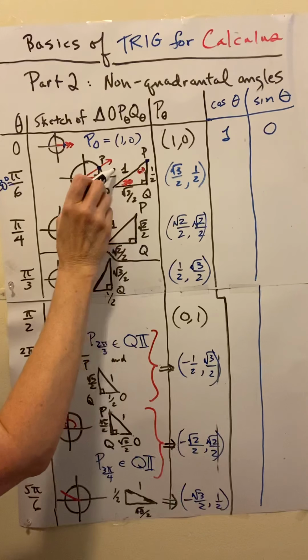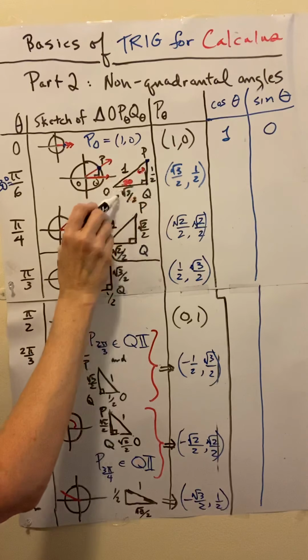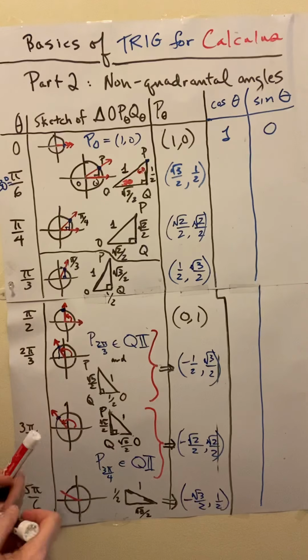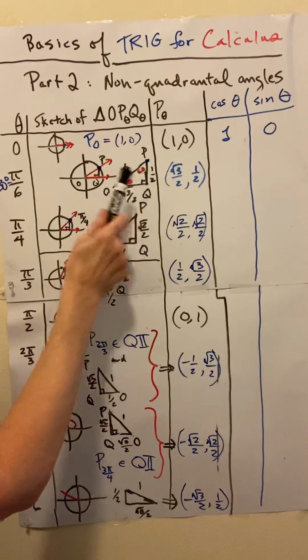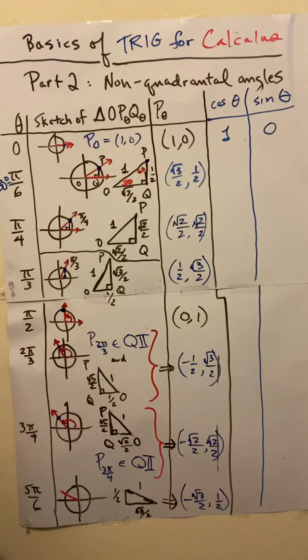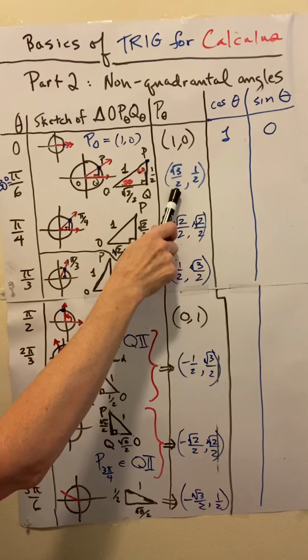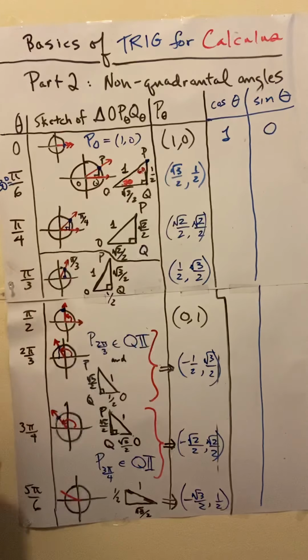So if that hypotenuse is 1, that short leg is a half, and this long leg is square root of 3 over 2. Now overlay that with the fact that this triangle sits right inside that version of the unit circle in the coordinate plane. So the coordinates of the point P have to be positive square root of 3 over 2 and positive 1/2.